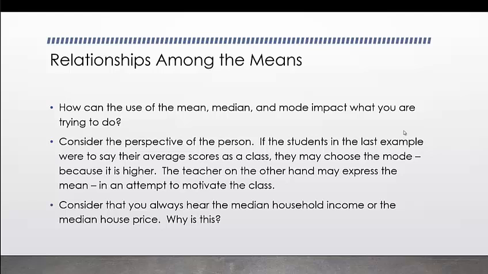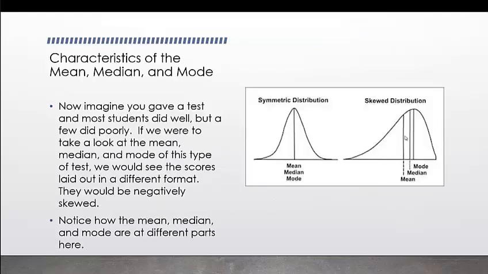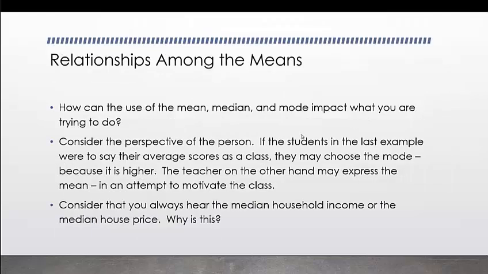So relationships among the means, how can we use the mean, median, and mode to impact what we're trying to do? Consider the perspective of the person. If the students in this example, where we said we had a mode of 90, were to say their average score as a class, they may choose the mode and say, hey, the mode in our class was 90. Everybody is doing really well, okay?